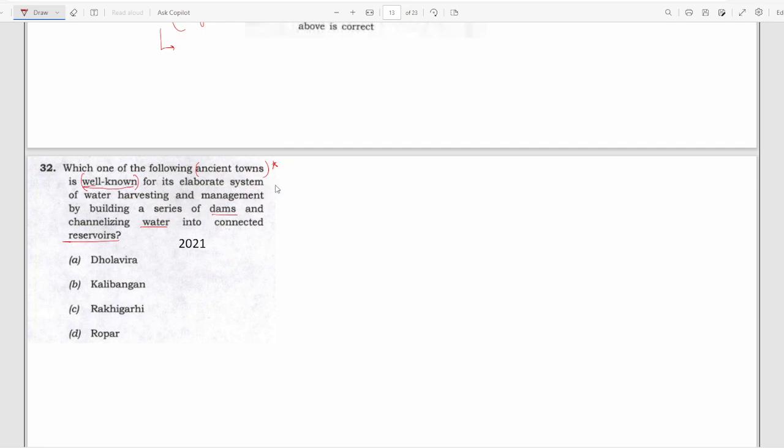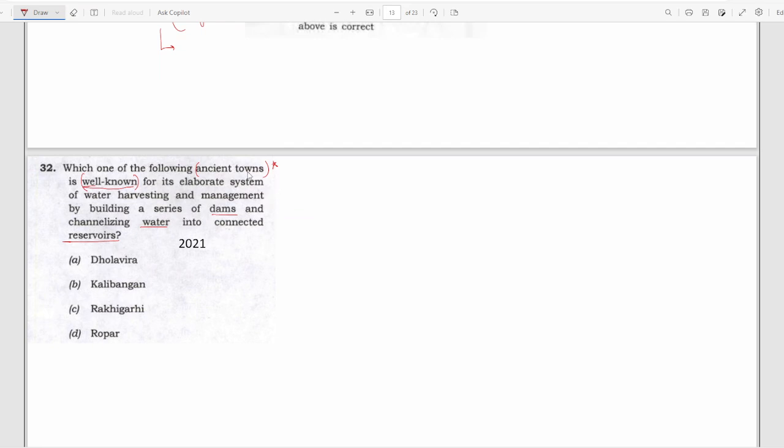So UPSC normally asks you about very differentiating or very unique things about any particular town, place, person, or anything, and that is UPSC's way of asking things. They ask you about unique aspects of a particular thing.